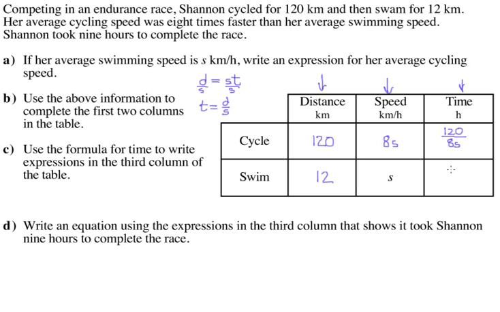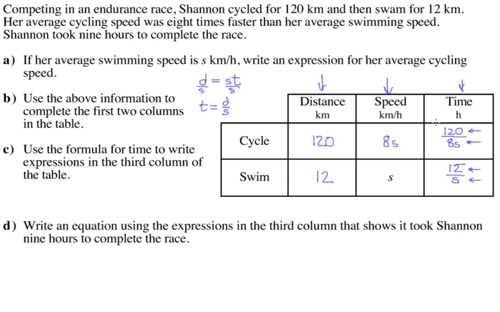For the swimming part, the distance is 12, and the speed is simply s. Okay, so time is distance divided by speed. This is the bike distance divided by the bike speed. This is the swimming distance divided by the swimming speed. So there's everything they've given us so far.